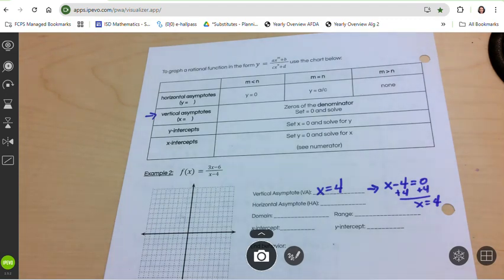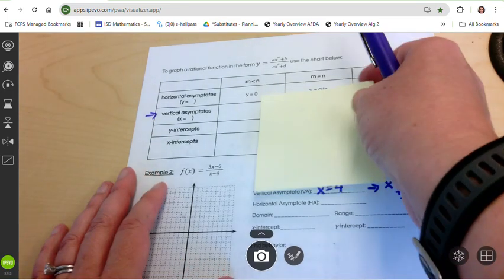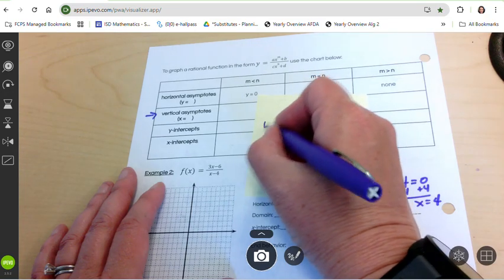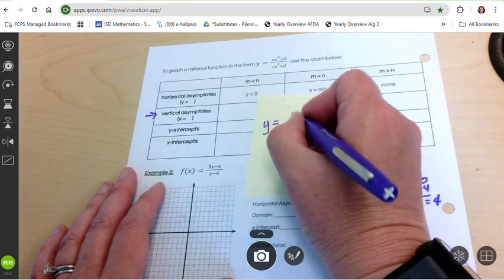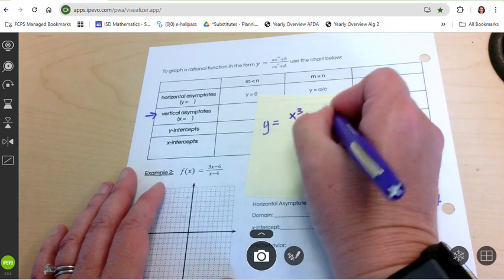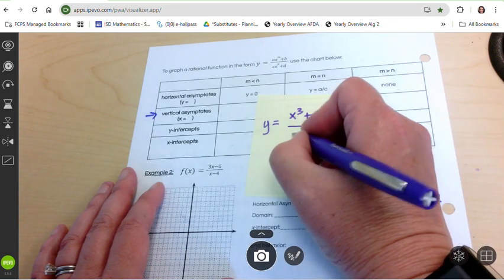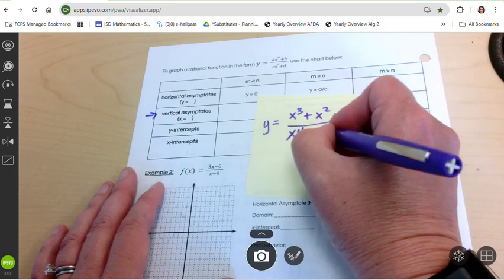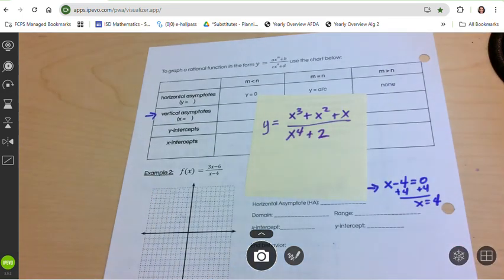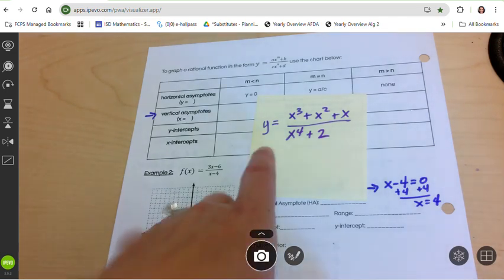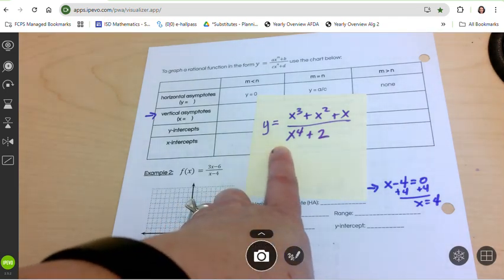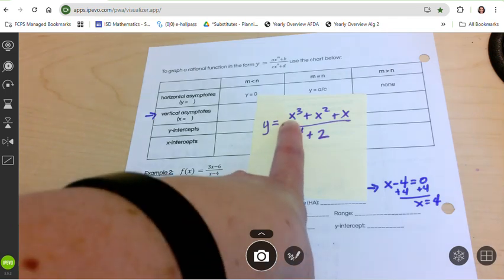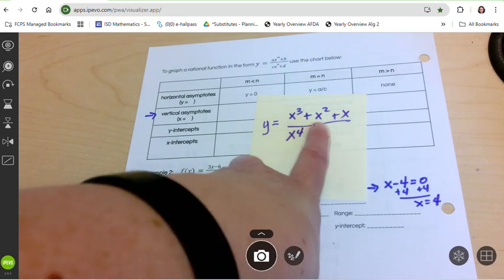So let's think about, for a moment, a function. I'm just going to make one up. As x goes to infinity, which of these terms is the most important?